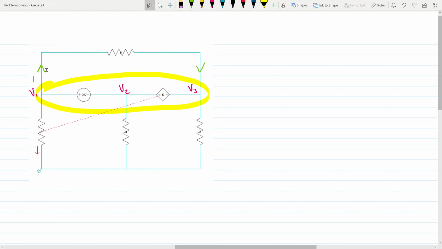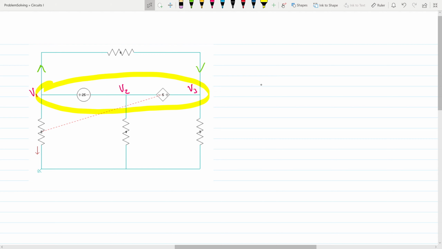I'm consistent because with respect to this arrow here, it's saying current goes from left to right across the resistor. Same thing for this arrow down here. This is saying that current also goes from left to right, so I'm being consistent. And again, it's arbitrary, so you'll notice that about 30 seconds ago, I had these arrows flipped.